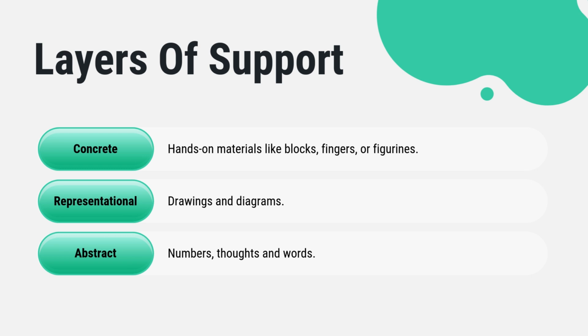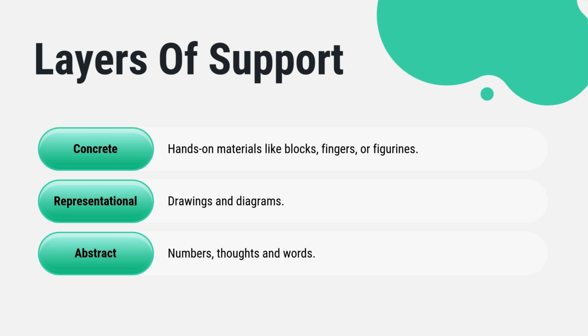You can have layers of support at the representational level. This might be drawings or diagrams. This is your part whole drawing. Depending on your program, some programs call it a math mountain. That's your representational support. And then finally, at the abstract level, that's where you just have numbers, thoughts, words, just equations by themselves.